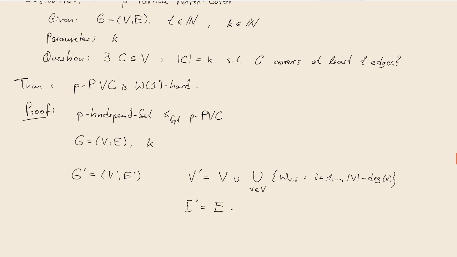So we also take all old edges. But then for all the nodes, we add the edge from v to w_{v,i}, again for all i like above.